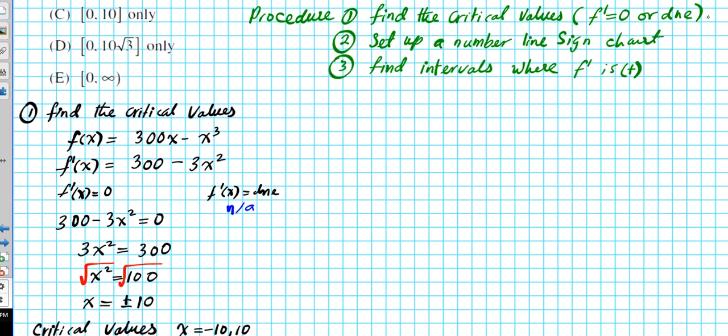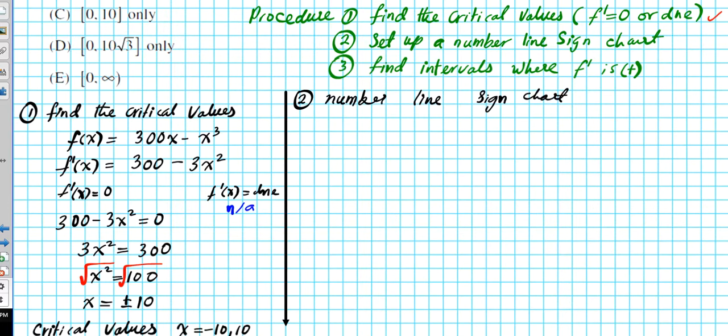Now let's advance to part 2, which involves creating a number line sign chart. Let me partition my workspace here. Parts 2 and 3 are basically combined in one. So we have our number line sign chart.